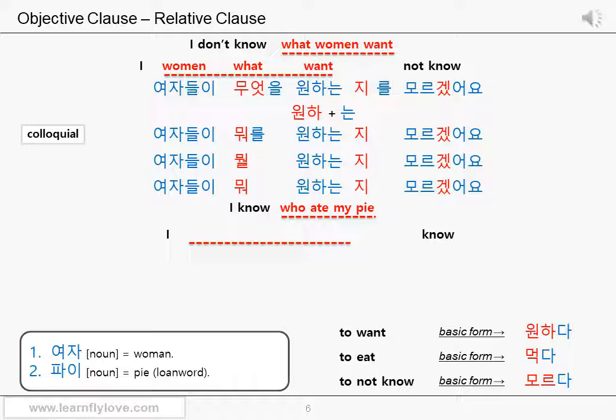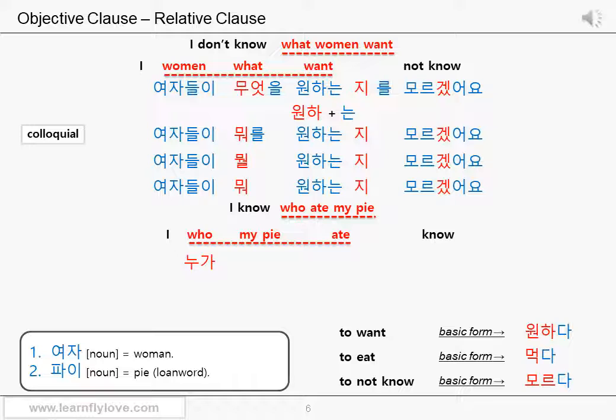Let's rearrange the words in the clause. Who comes first because it's used as a subject. My pie comes next because it's used as an object of the clause. Ate comes at the end of the clause. I, who my pie ate, know. Let's not mention the subject I.